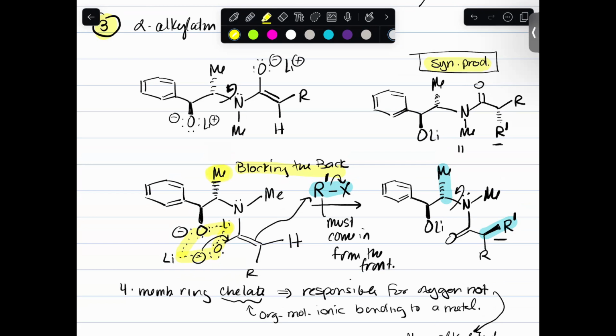The methyl group is blocking the back. The R prime group, the alkyl group, has to come in from the front. Makes absolute sense. It's when you start rotating things to get things back to how we started, now it's dashed, which makes sense because if you're rotating this 180 degrees to get it back on the plane of the page and to the right, then it has to flip over from wedge to dash.